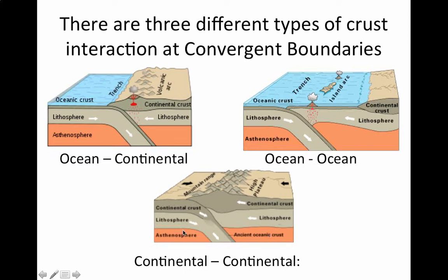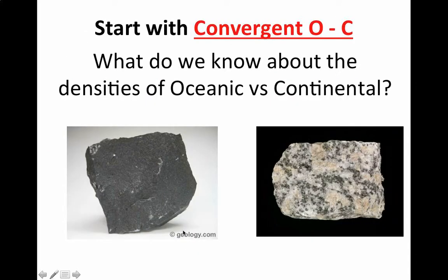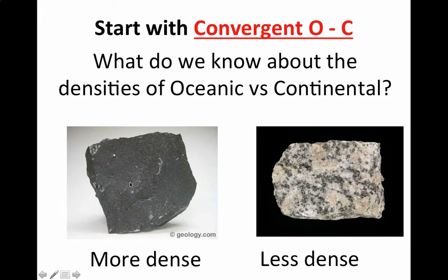Starting with convergent ocean-continent, let's recall what we know about the densities of the oceanic versus continental crust. Oceanic crust, of course, here is our basalt. Continental, granite. We know out of their densities that this basalt here is more dense.